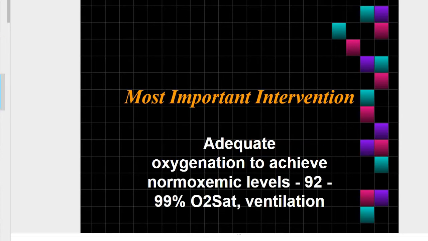So that means that in cardiac arrest, the most important interventions, besides maybe recognition of the emergency and hopefully keeping it from deteriorating to cardiac arrest, are adequate oxygenation to achieve normoxemic levels, 92 to 95% or 99% O2 sat, and ventilation if it's indicated.